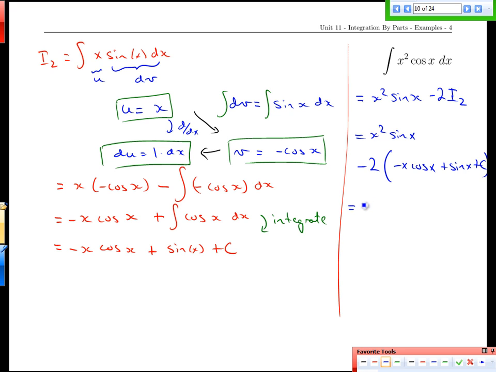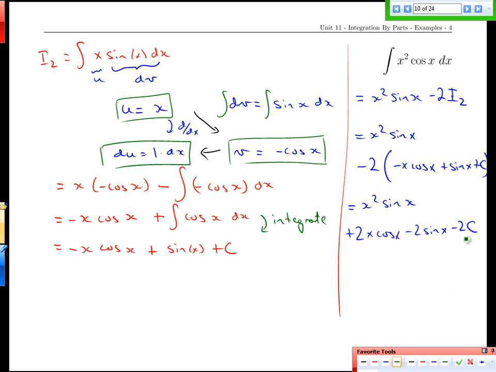As we just tidy that up for organization and aesthetics, we'll have a plus 2 x cos x, a minus 2 sine x, and a minus 2c. We can leave it like that.